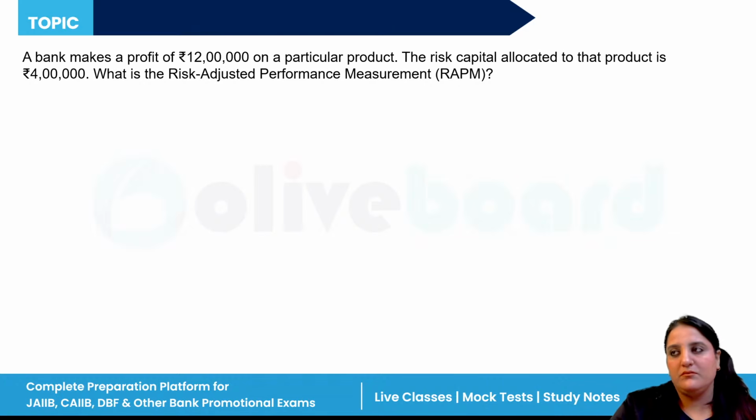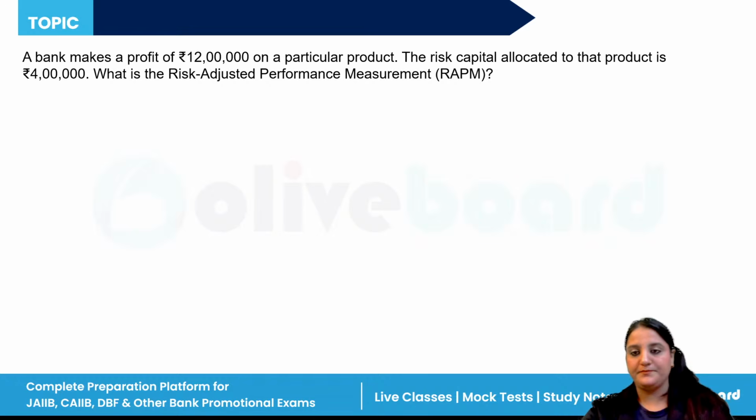We can define that it is a technique set that measures the bank's profitability relative to the risk taken. So RAPM provides an accurate picture of the bank performance in different ways, right? So this is RAPM.